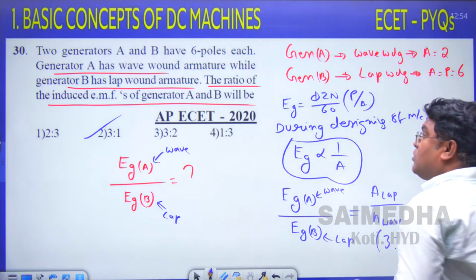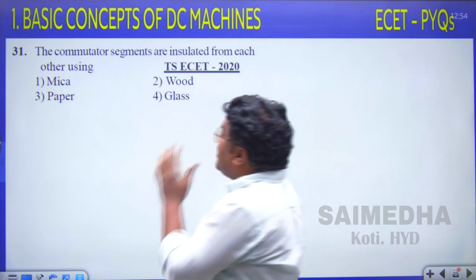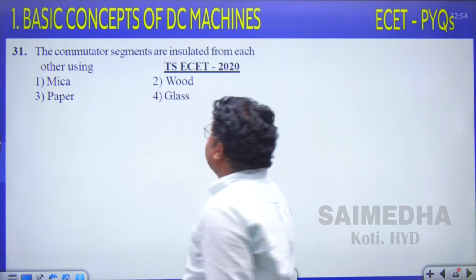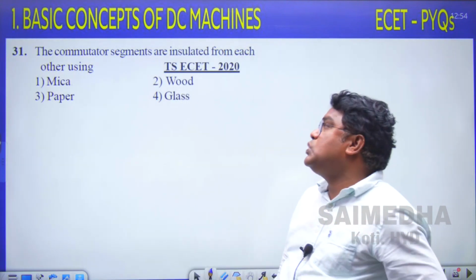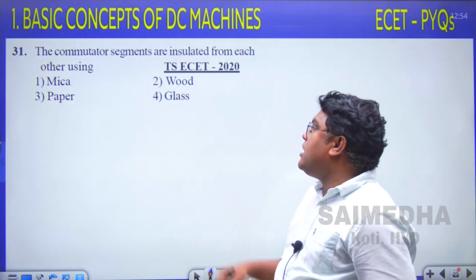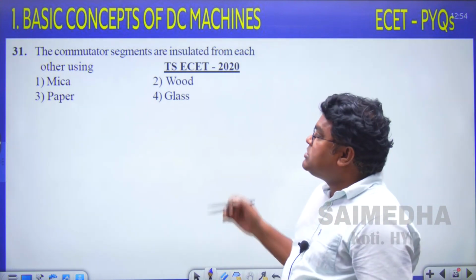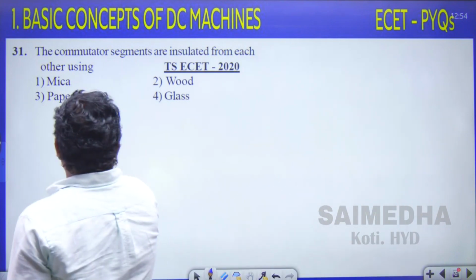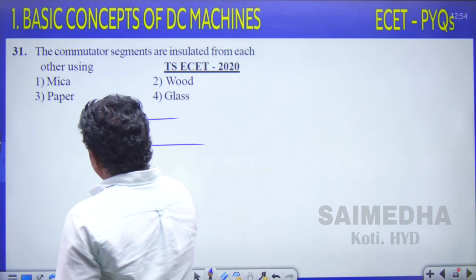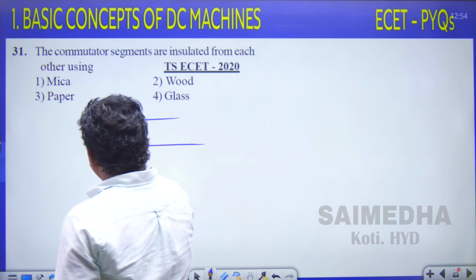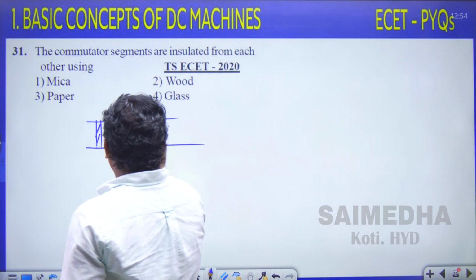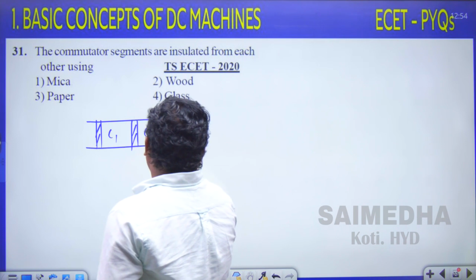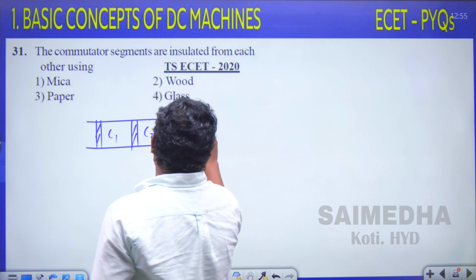And next one, question number 31. The commutator segments are insulated from each other using option 1 mica, option 2 wood, option 3 paper, and option 4 glass. Suppose this is commutator segment C1, this is C2, and C3, and so on.